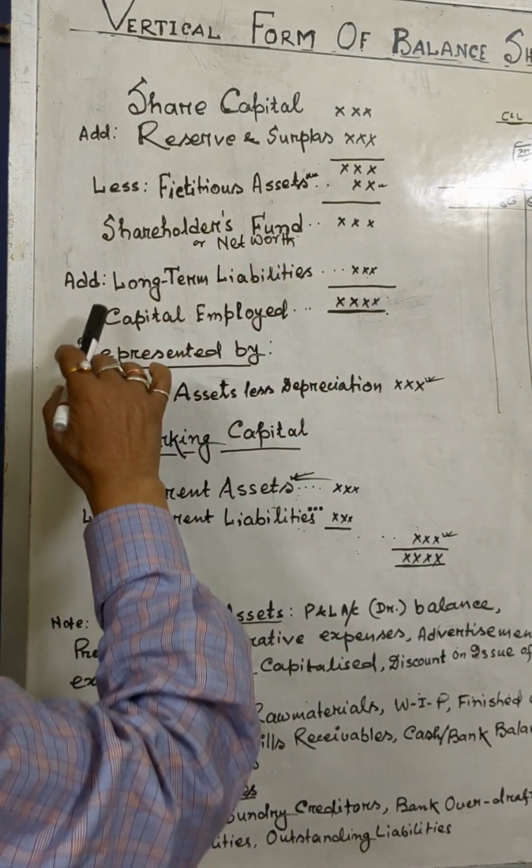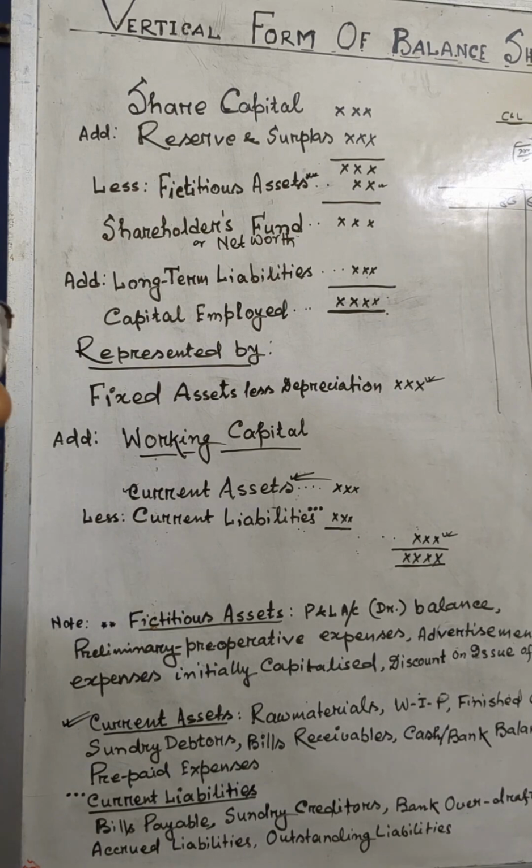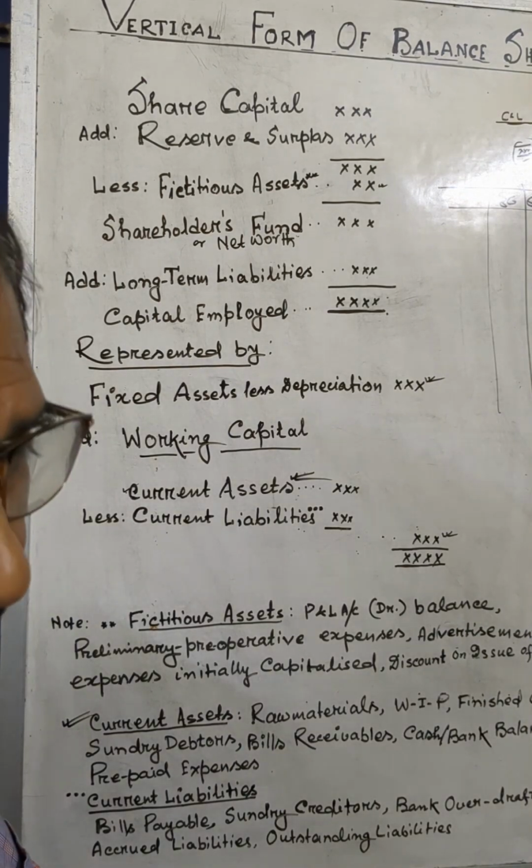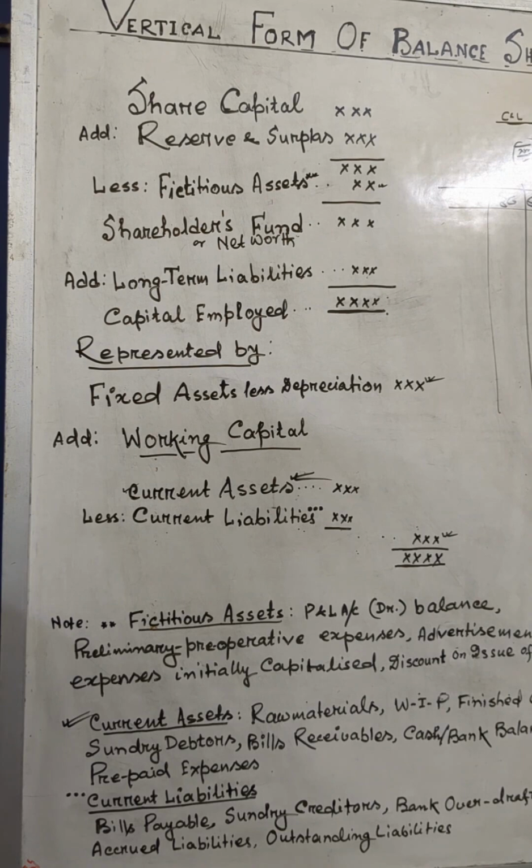With this figure, add long-term liabilities. Long-term liabilities means long-term loans taken by the company or business: long-term loans from banks, financial institutions, debentures, and sometimes savings taken from outsiders or the public.